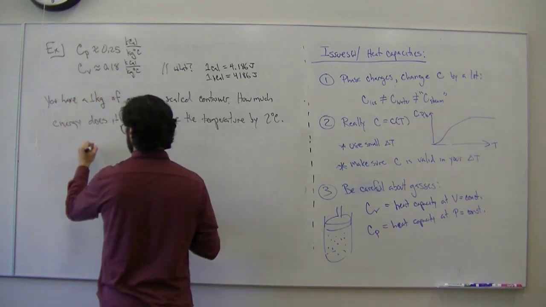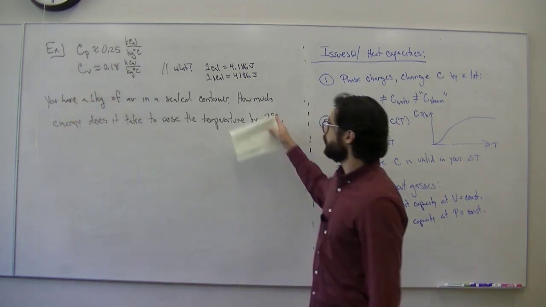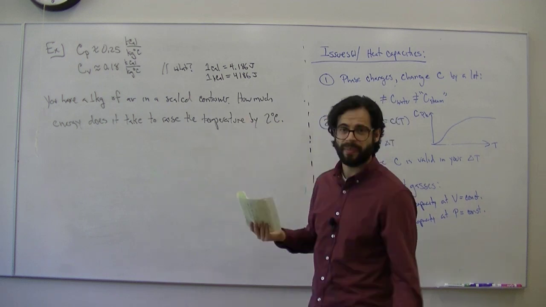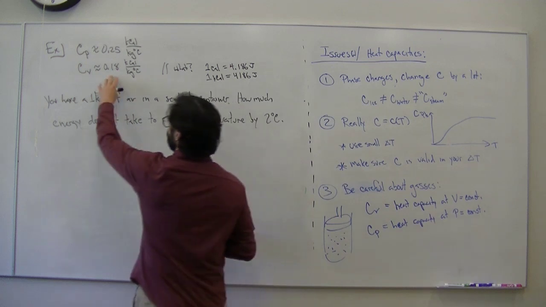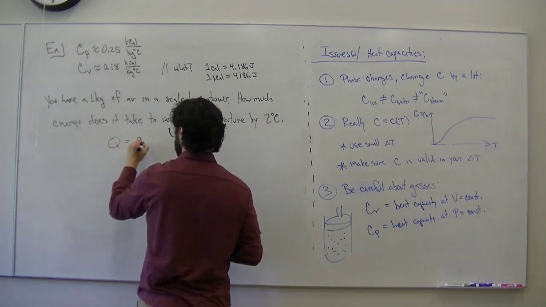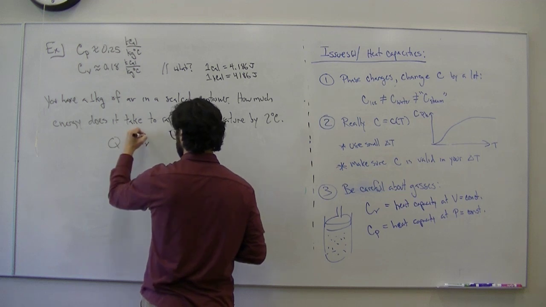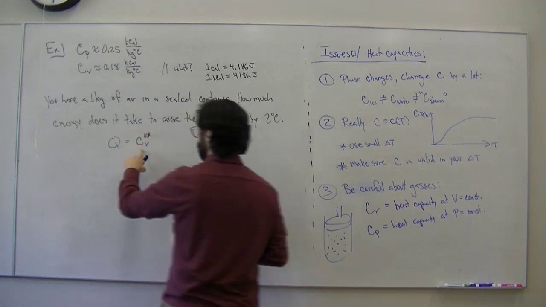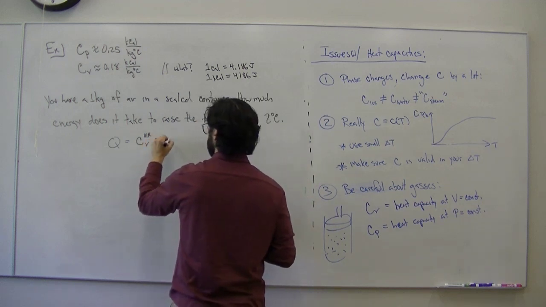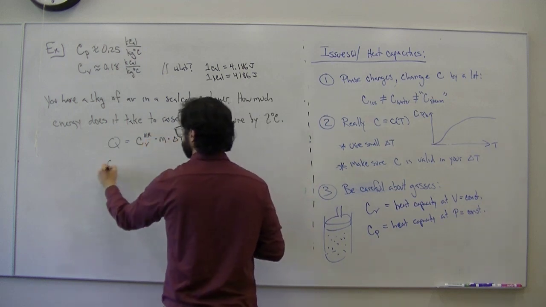Okay. So sealed container, that sounds like a constant volume process, so that would mean that we use CV and not CP. So heat that goes in, C, this is a constant volume process. It's just really go nuts with the sub and superscripts. That's for air. We were told what air is. Mass of the container, and then delta T.